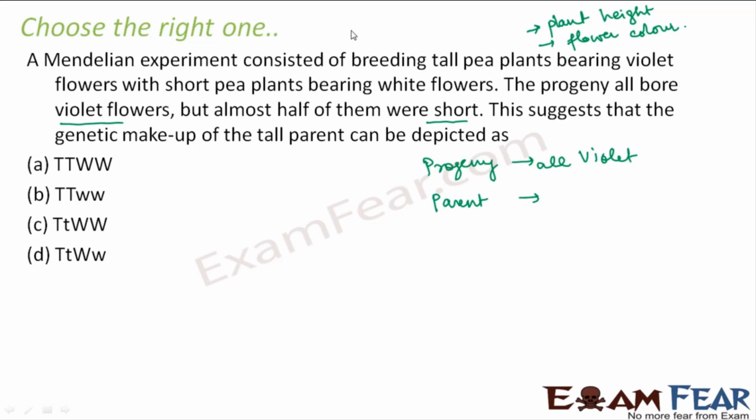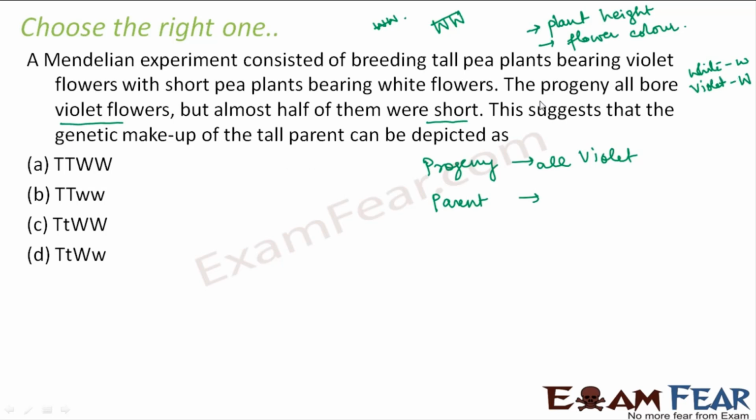We have white and violet: capital W and small w. Let us suppose that small w denotes white and capital W denotes violet. So for white we denote small w, for violet we denote capital W. Now you might ask, why are we denoting white with small w?